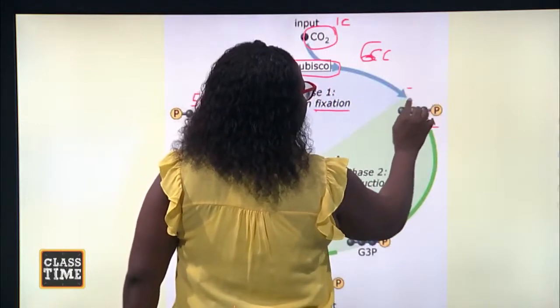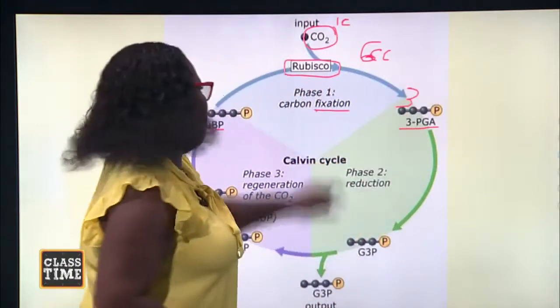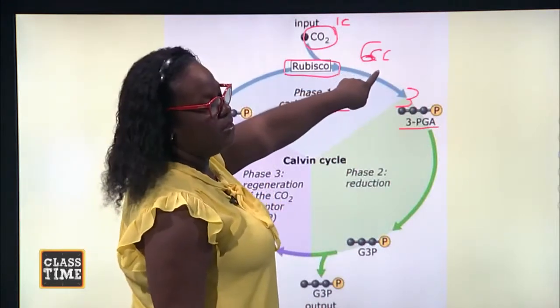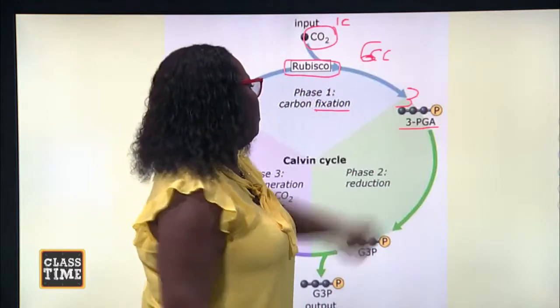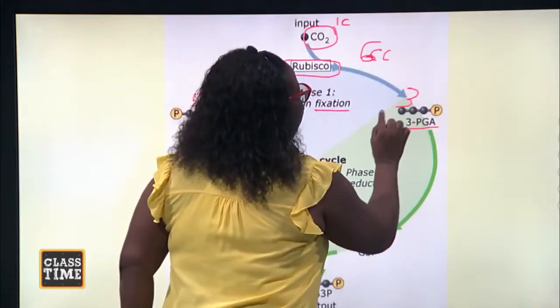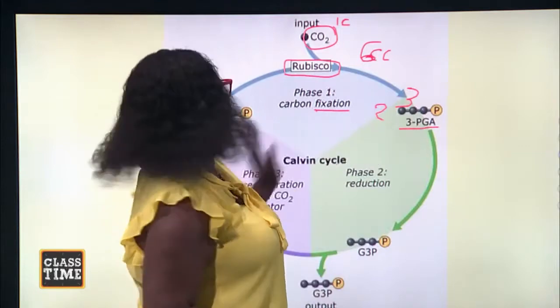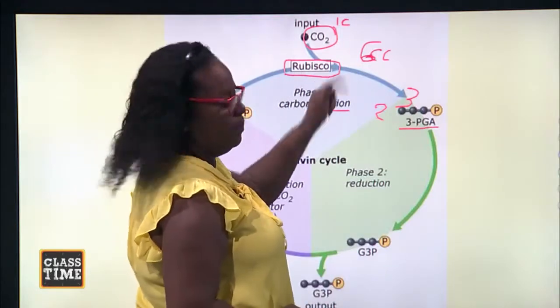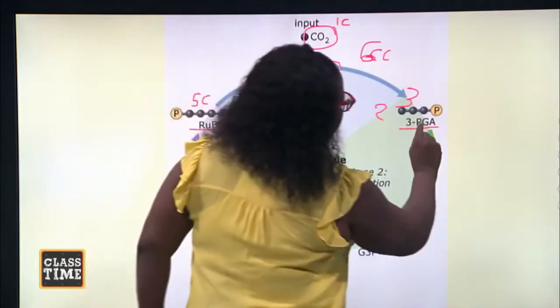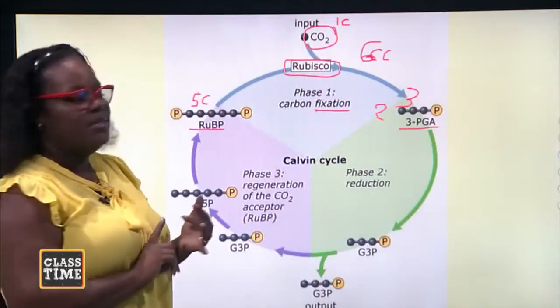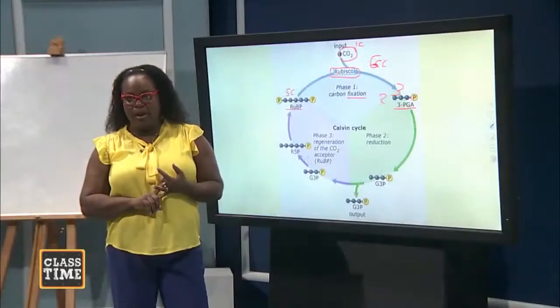If you have a 6-carbon substance being made, there will be 2 of the 3-carbon compounds made for each of these reactions. This PGA is actually phosphoglyceric acid.